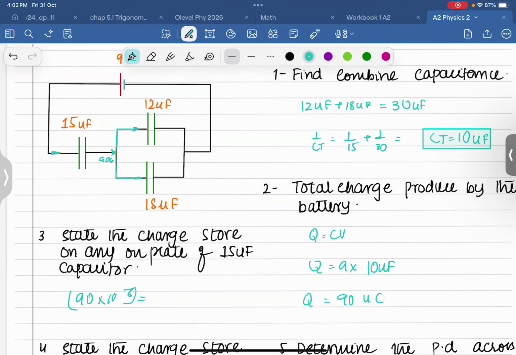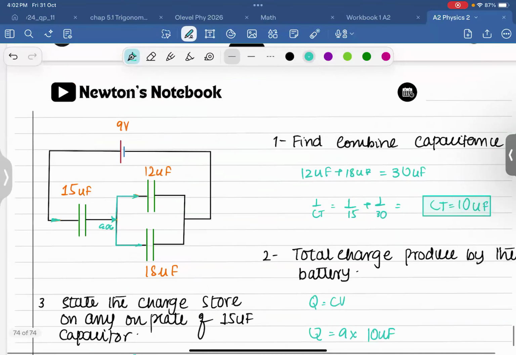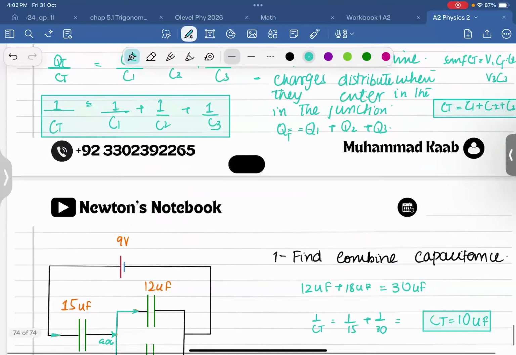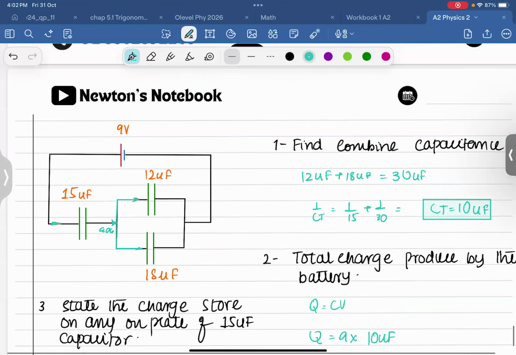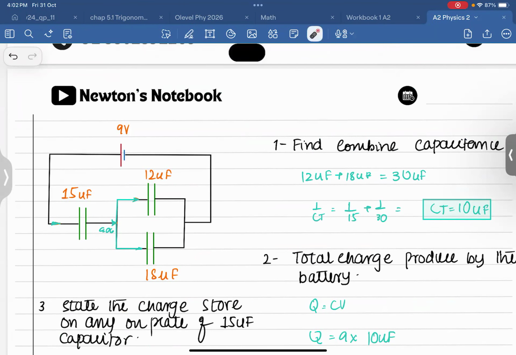But over here you have to keep in mind that for parallel capacitors I just add, and for series capacitors it will be a reciprocal sum. Since these two parts are to be added, their combined value will be quite high, and the 15 microfarad has a lower value. So when combined with these two capacitors, it will give you a greater answer, right?